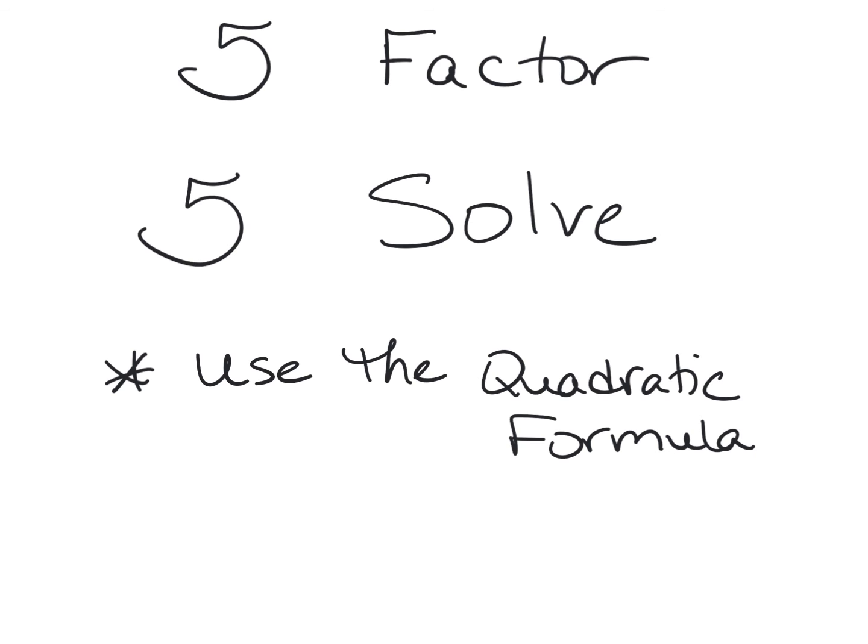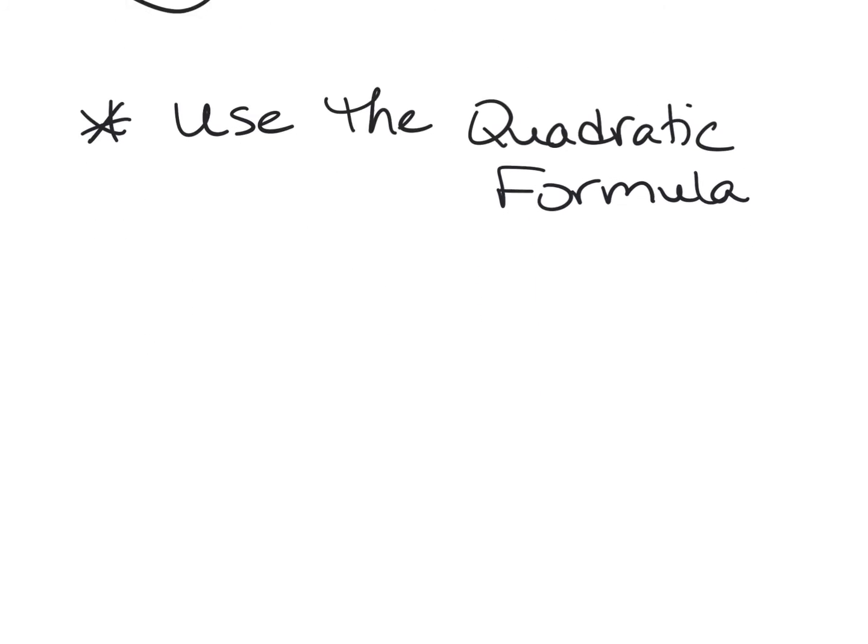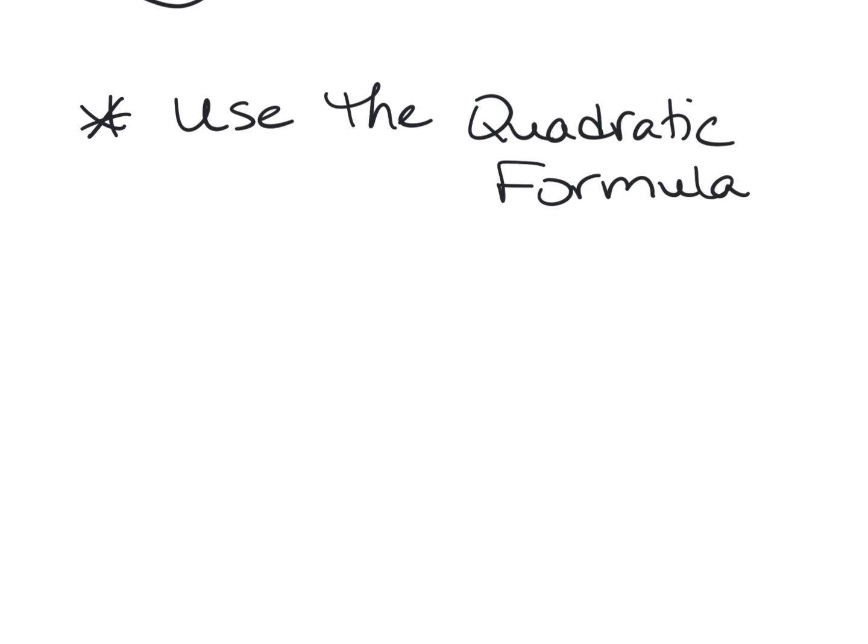Remember, as you're going through this quiz review, you must have all of your equations in standard form. You need to have the x squared term first, then the non-squared variable, then the constant. This goes for factoring, and it also applies for solving.